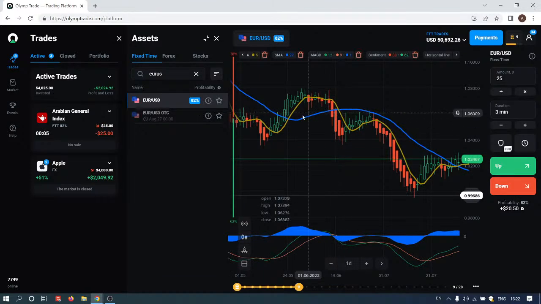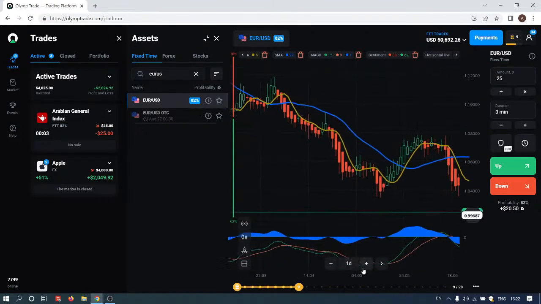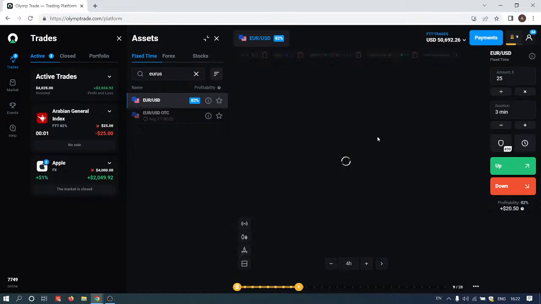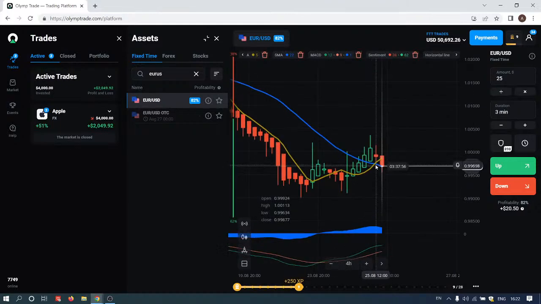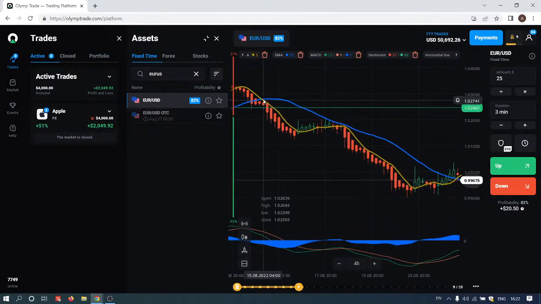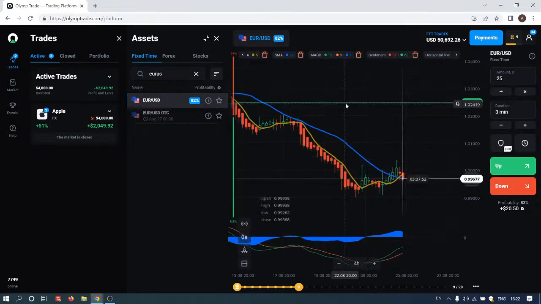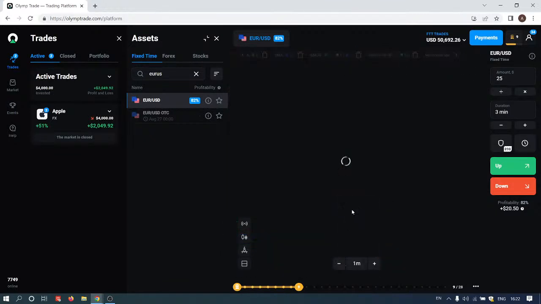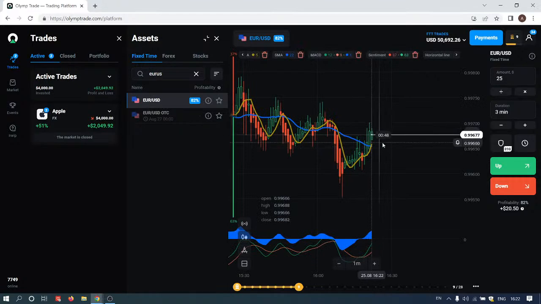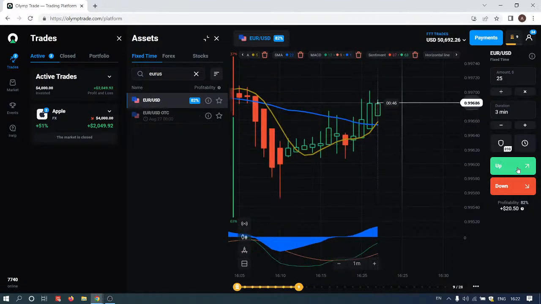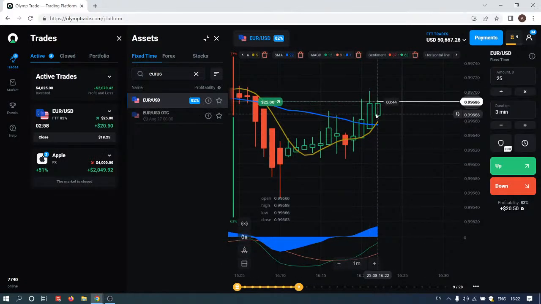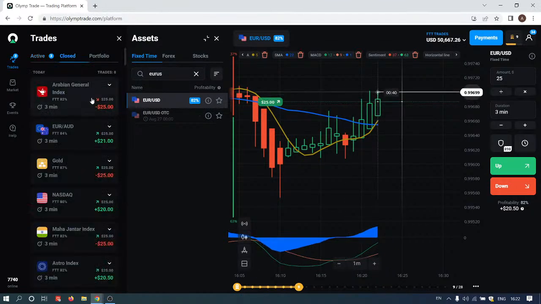Well, how about this signal? So this stuff works on higher time frames. So one thing you can do is take what you learn on FX and use it on FTT, and then apply it to FX.